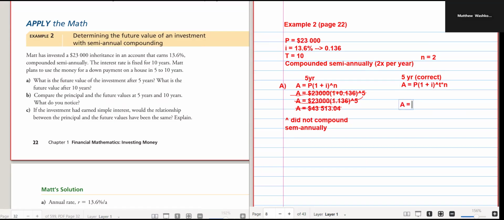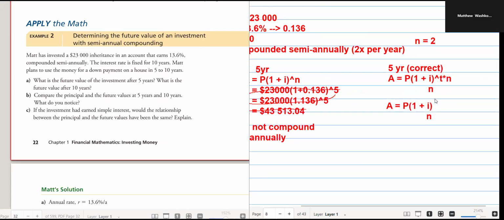So A is equal to P, 1 plus I, sorry, this is supposed to be divided by N. So there's a reason I left a space here. Divided by N. Then this is to the power of T times N.